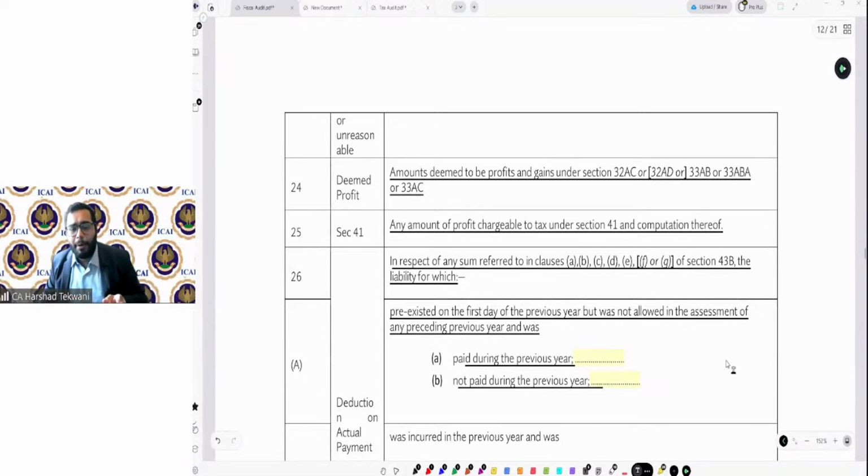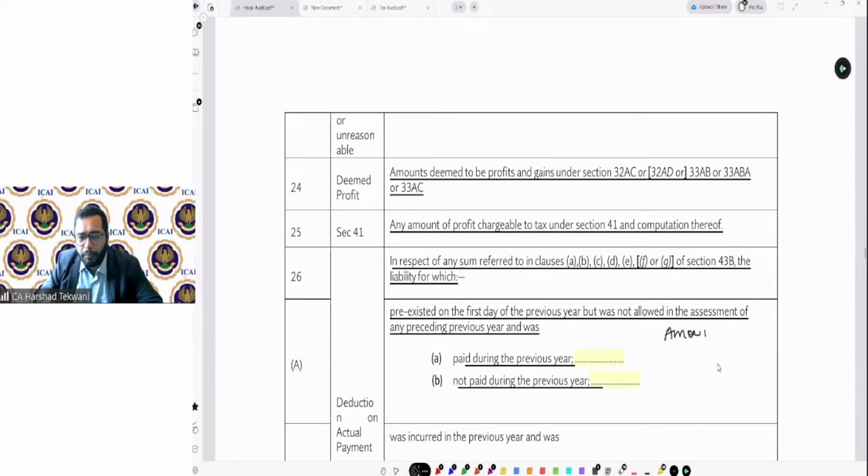Now, if there is any amount for which you did not get a deduction in the previous year and you paid the amount in the current year, then you will get the deduction in the current year, and accordingly you need to specify that over here: amount not paid in previous year but paid in current year.